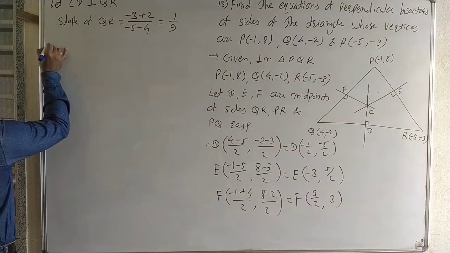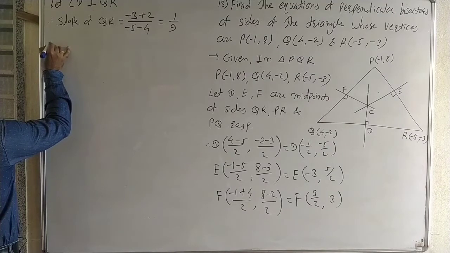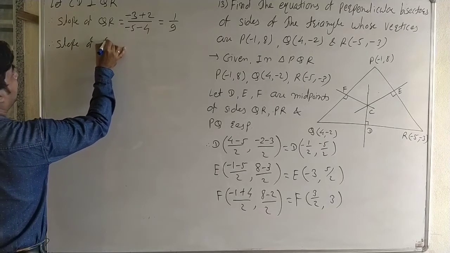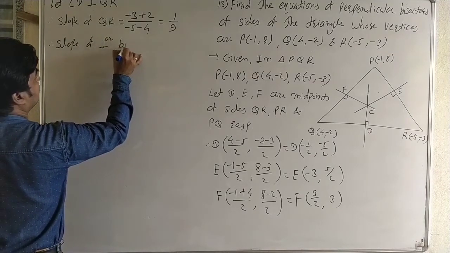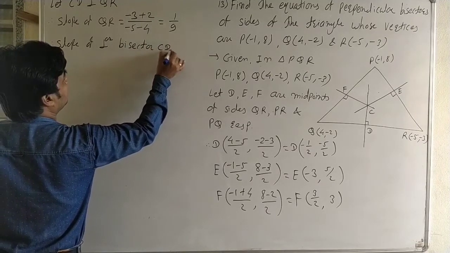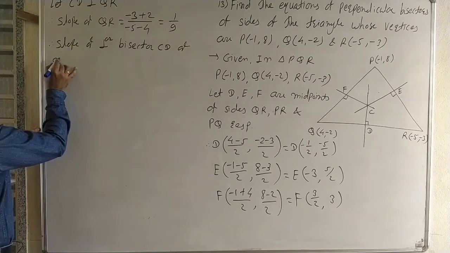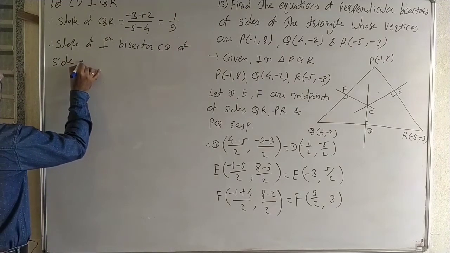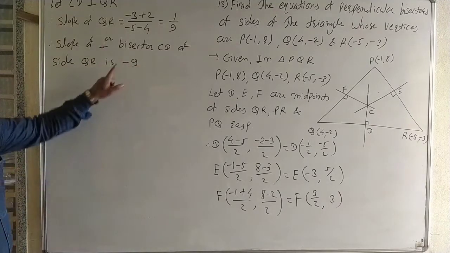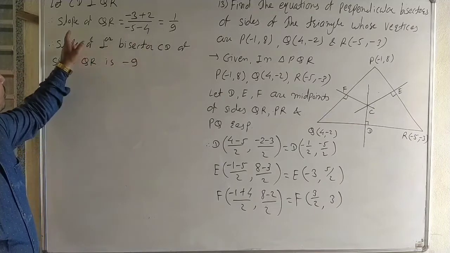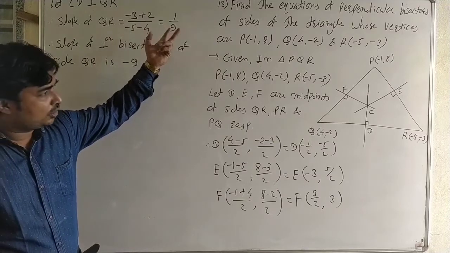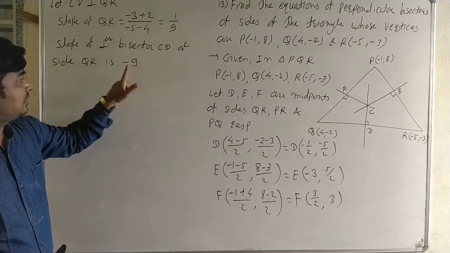Then, therefore, the slope of the perpendicular bisector CD of side QR is minus 9. Here the slope of QR is 1 by 9, and therefore the slope of the perpendicular line to QR is the reciprocal with sign change, that is minus 9.